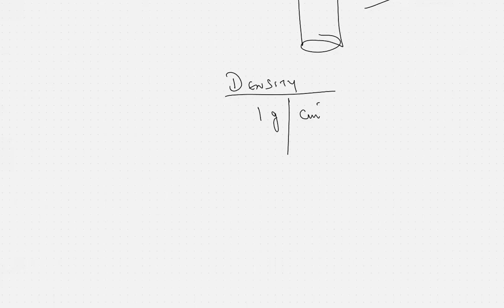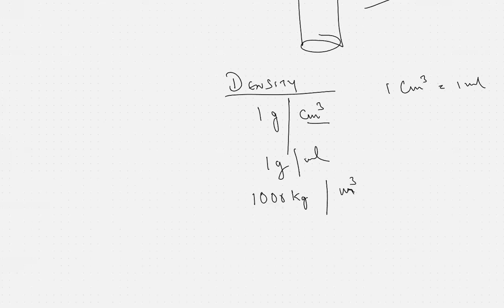So you can say 1 gram per milliliter, or we can say 1,000 kilograms per cubic meter, not cubic centimeter. Okay. So one way of writing is grams per milliliter, or kilograms per cubic meter. All right, it's the same.